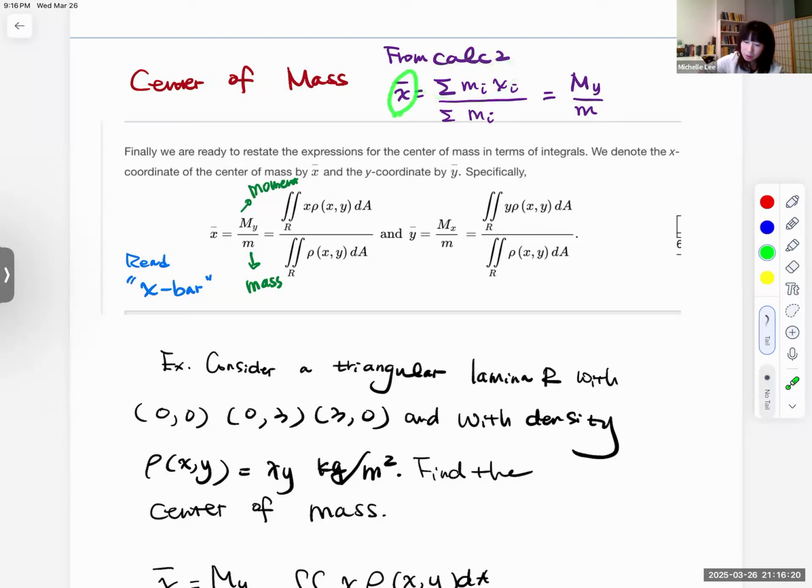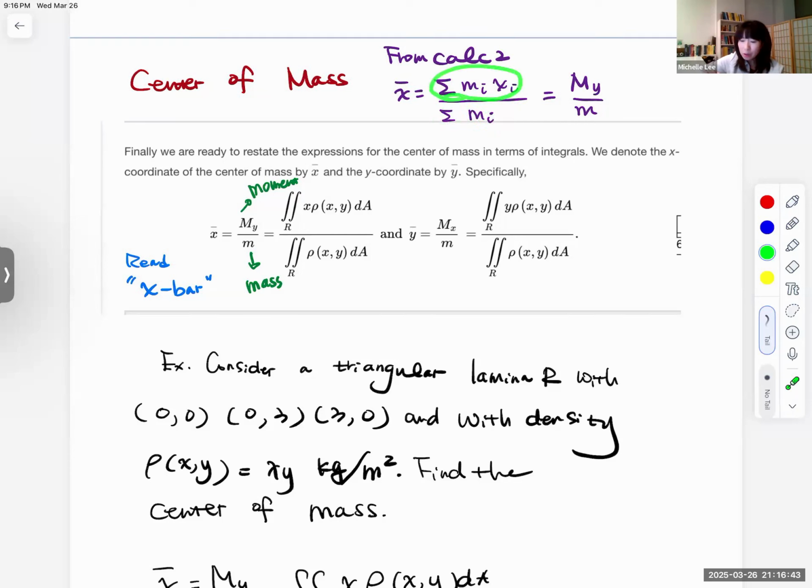So x bar, center of mass for the x coordinate, is a summation of the product of mass with the x values, divided by the sum of all the masses.